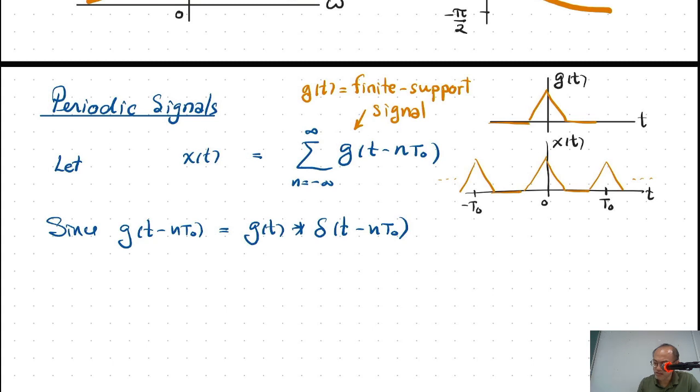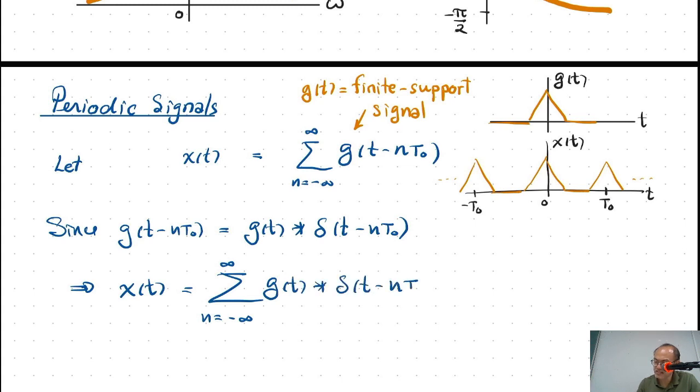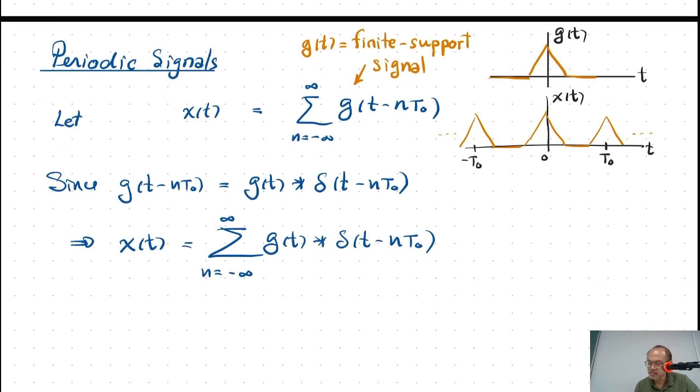So plug it in, we have x of t equal to the infinite sum from minus infinity to infinity of g of t convolved with delta t minus nt0. And because the convolution integral is a linear operator, I can take g of t out of the summation.